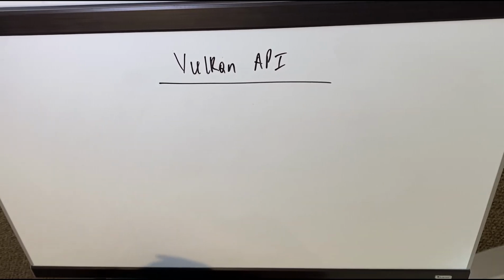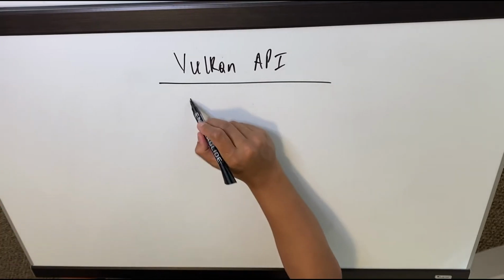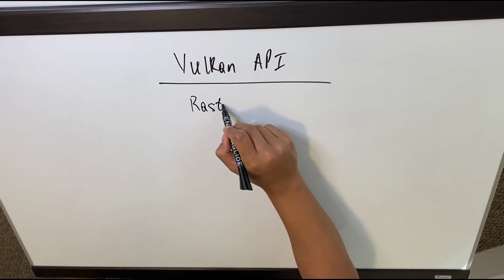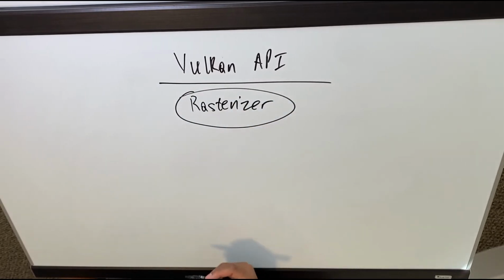The next thing that I want to quickly address is the Rasterizer. Again, in layman's terms, all the Rasterizer does is take the vertices that you declare to Vulkan and make a fragment out of them.